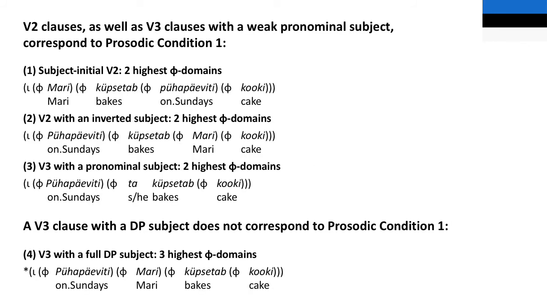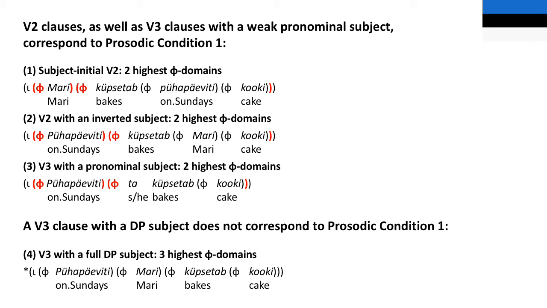Consequently, we propose that V2 clauses, as well as verb third clauses with a weak pronominal subject, correspond to prosodic condition 1. This is illustrated in examples 1 to 3: for subject initial V2 clauses, for non-subject initial V2 clauses, and for V3 clauses with a weak pronominal subject.